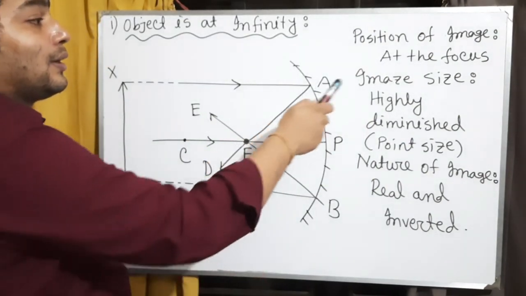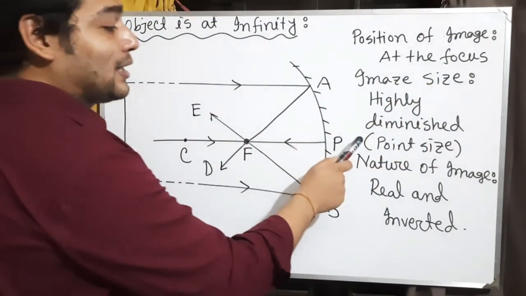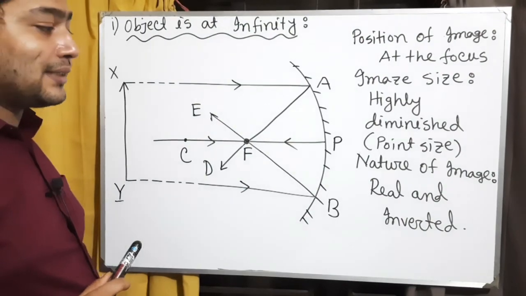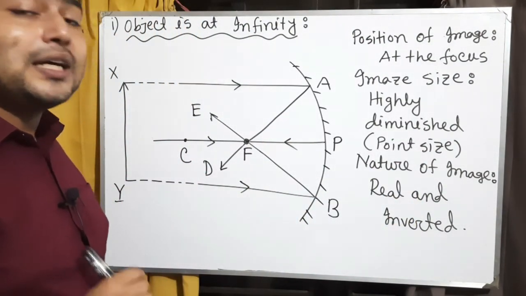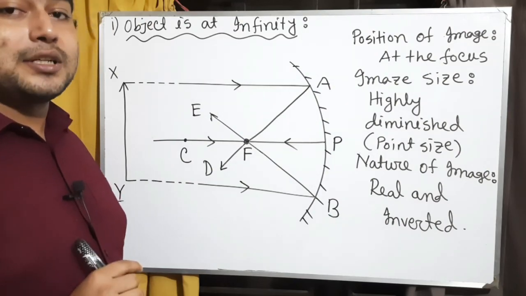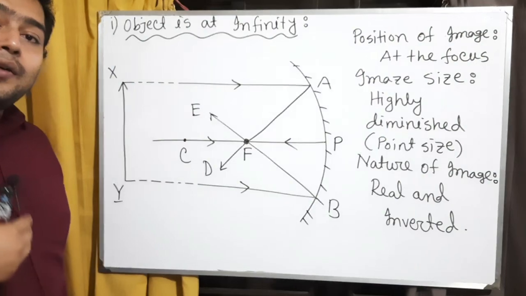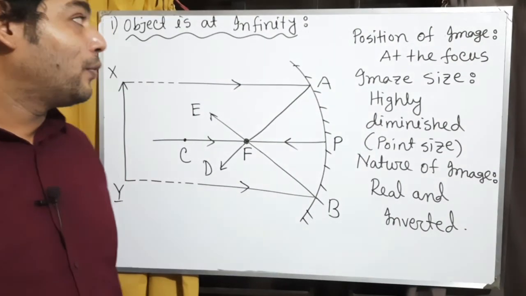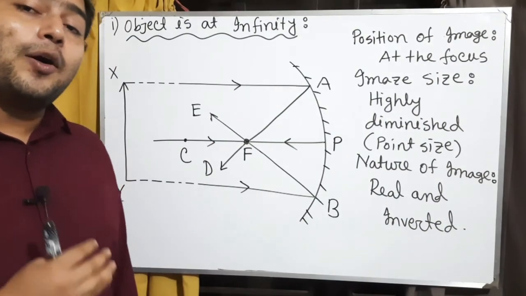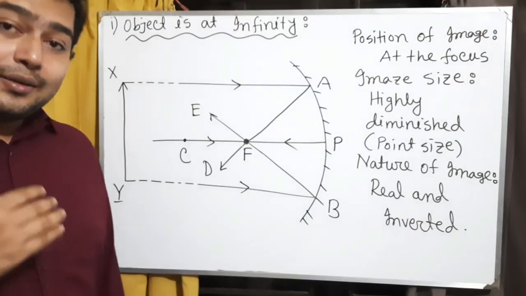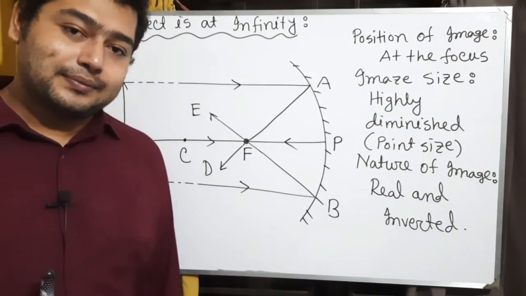So the image size will be highly diminished, such as point size, and the nature of the image will be real and inverted. In our next point we will discuss the ray diagram when the object is placed between center of curvature and infinity.